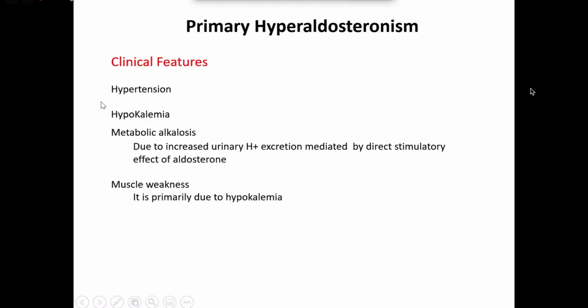Most patients with primary hyperaldosteronism may present with hypertension or hypokalemia. But absence of hypokalemia does not exclude hyperaldosteronism. Sometimes patients will present with muscle weakness, mainly because of severe hypokalemia.